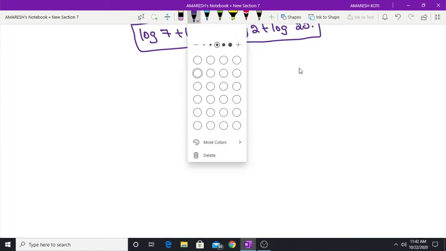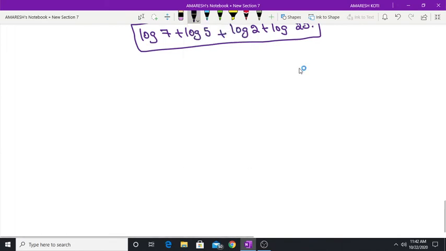Very simple sum. I will explain another sum also. Given 235 into 437.